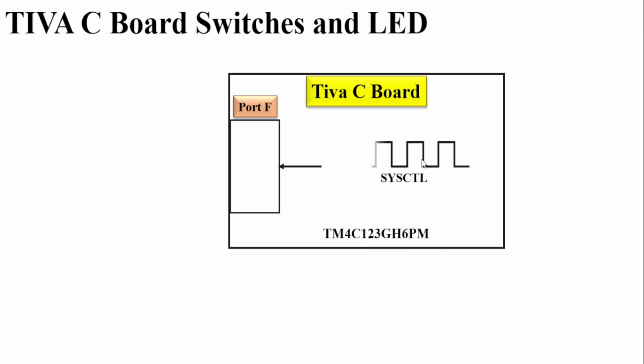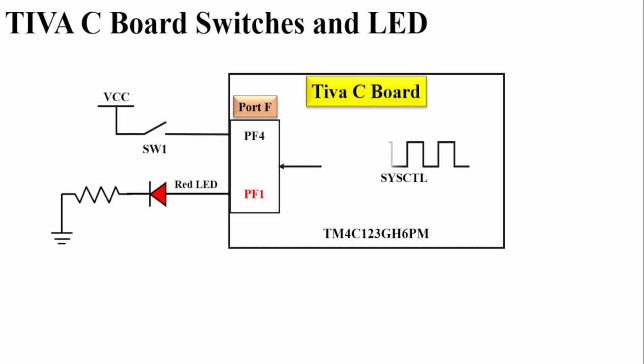By default, all the peripherals in the Cortex M4 microcontroller, Tiva C's TM4C123GH6PM, are deactivated to save power. To activate them, we first have to provide the clock using sysctl, which is the system control block. Then after providing the clock, we have activated port F.